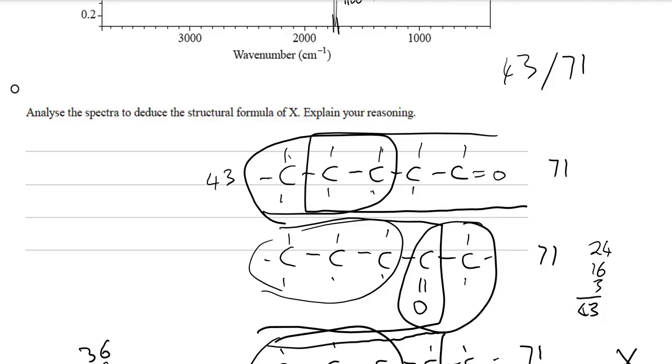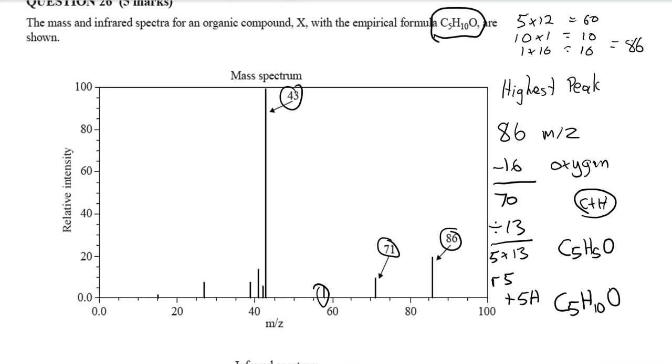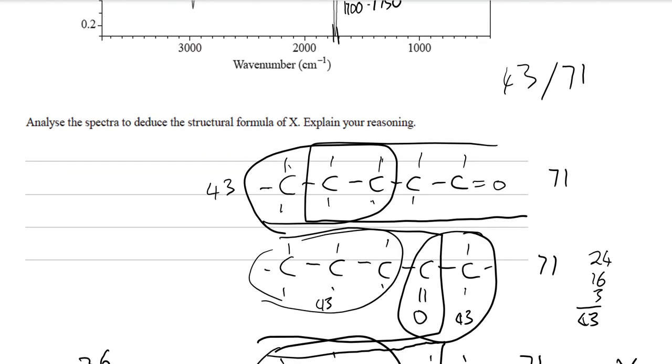So this is where it gets a little bit tricky. Now, because we have two 43s here, it's probably more likely going to be this one here. Simply because we can see that that 43 is a very, very large peak. Now, it only occurs one time with the aldehyde, with this group here, whereas we've got it twice here.